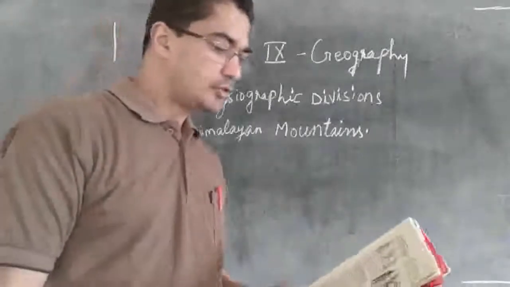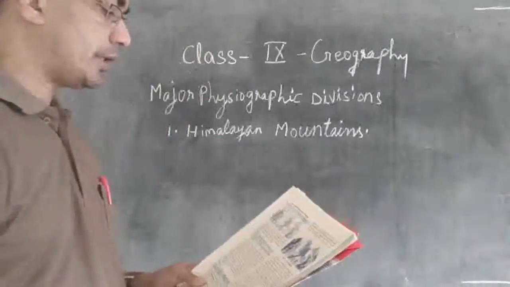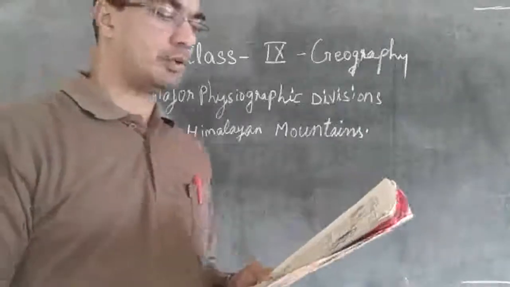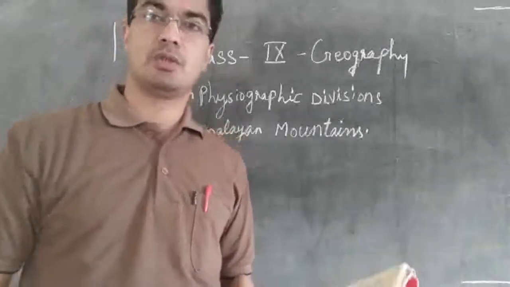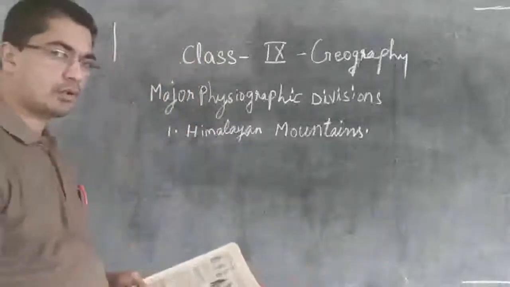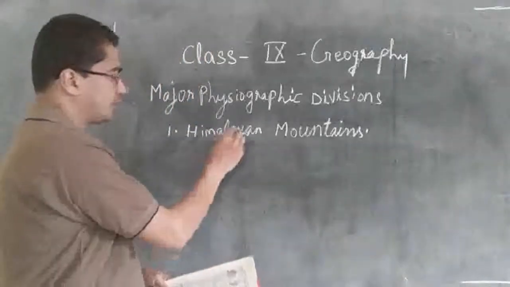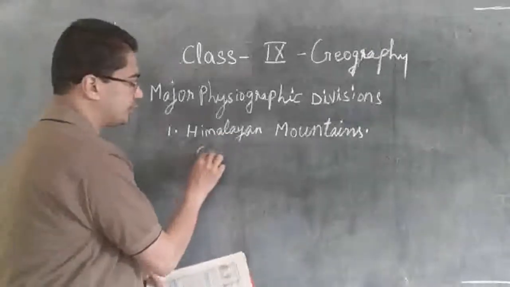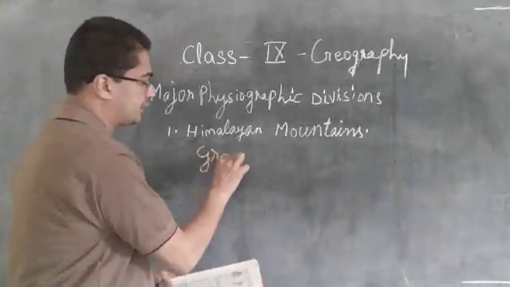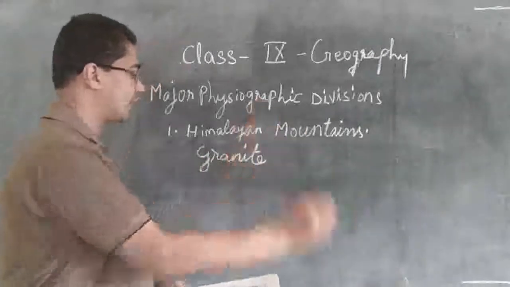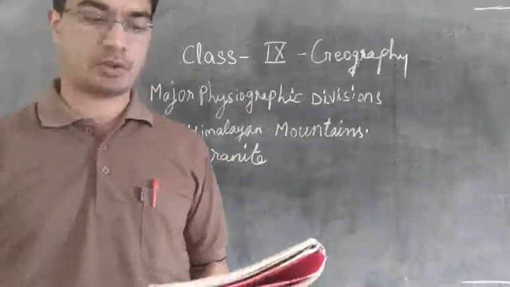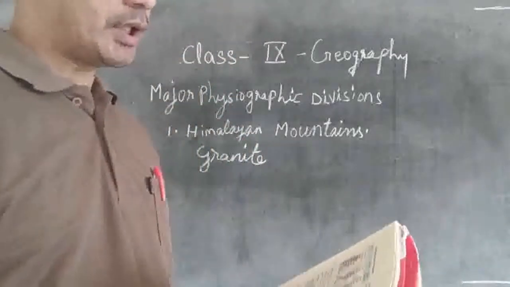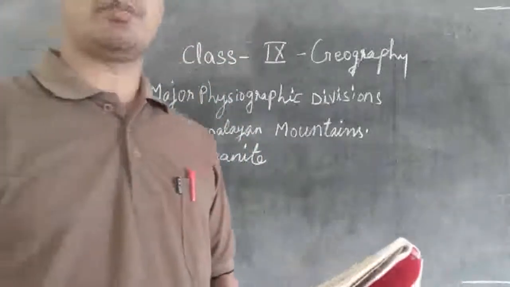And if you look at it, the core of this part of Himalayas is composed of granite. So the most important part, the core, the basic part of this first range, is made of granite, a very hard substance, and it is perennially snow bound.